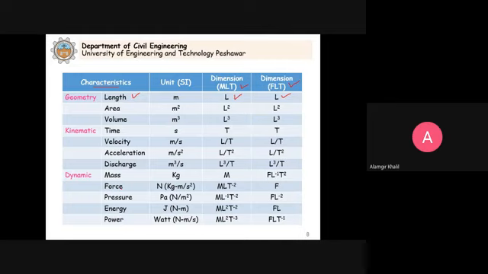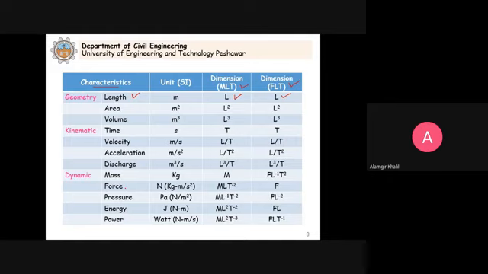MLT system or FLT system. Because if you make a mistake here, then when you solve a problem, you will never get the required result. So you must know the units and dimensions for these, which we frequently encounter in fluid mechanics.